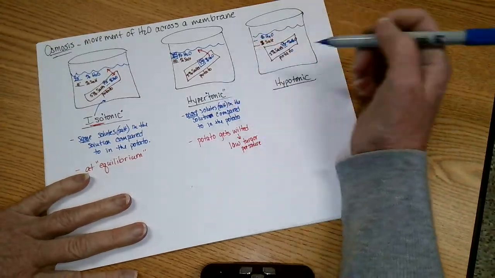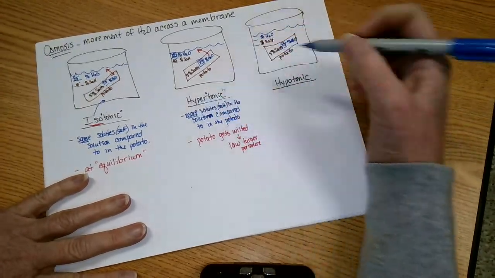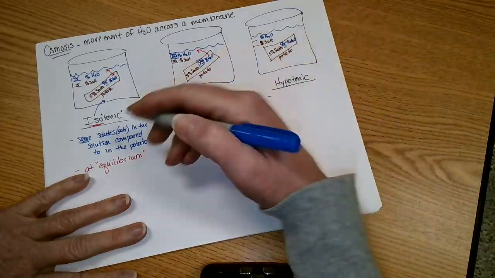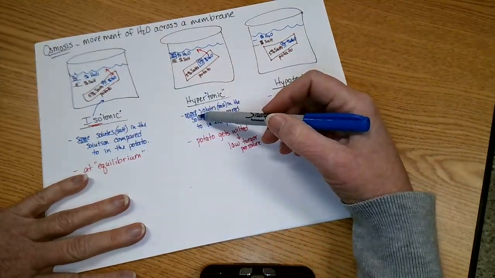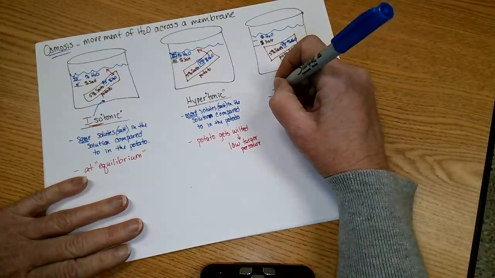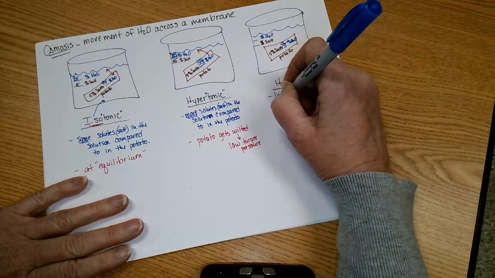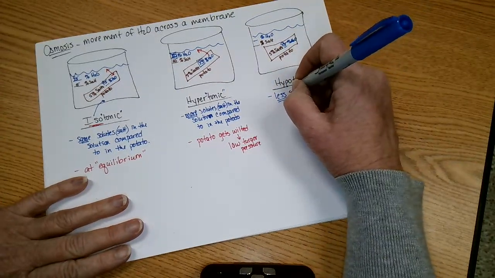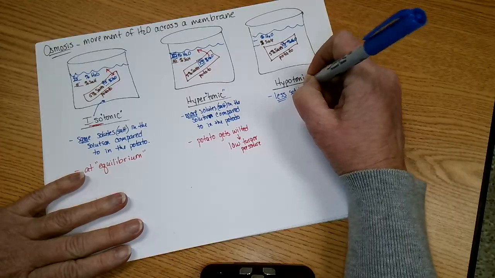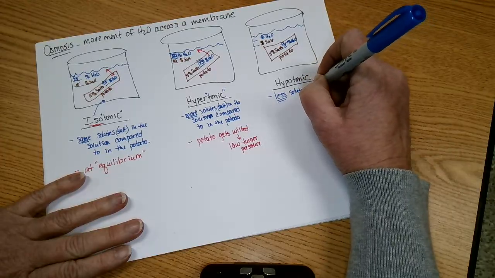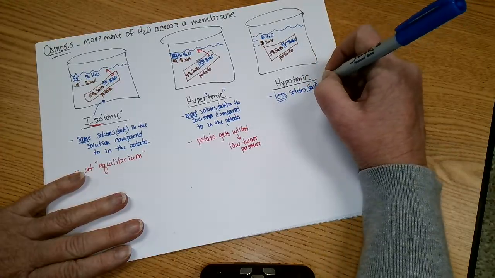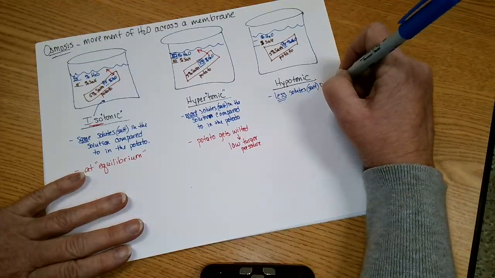Hypotonic is the opposite of hypertonic. Hyper was more, so guess what this one's going to be? This one was the same. This one's more, so this one, correct, is less. Less solutes, so less salts. Okay, salt in the solution.